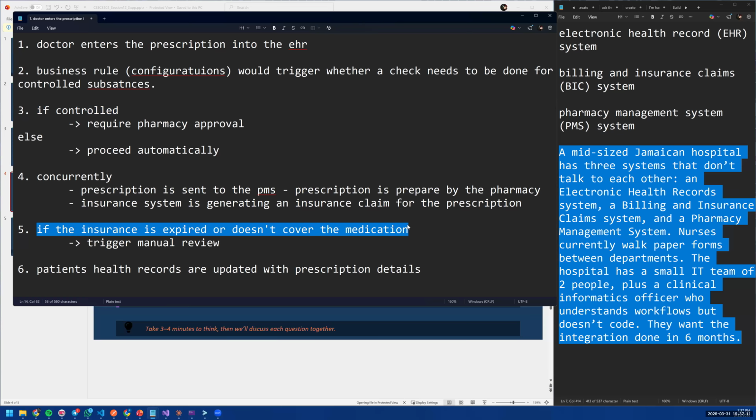Similarly, I guess technically this would too. Because the reason I put this one in, and I had another step after, is that I would consider this step necessary regardless of whether this one is done. It is not to say that somebody is not going to get their prescription just because they don't have insurance. So we do a check here to make sure the person has valid insurance, that their insurance actually covers the prescription.